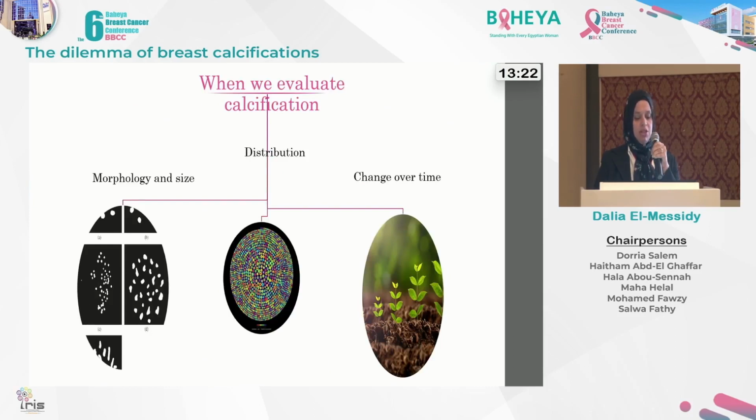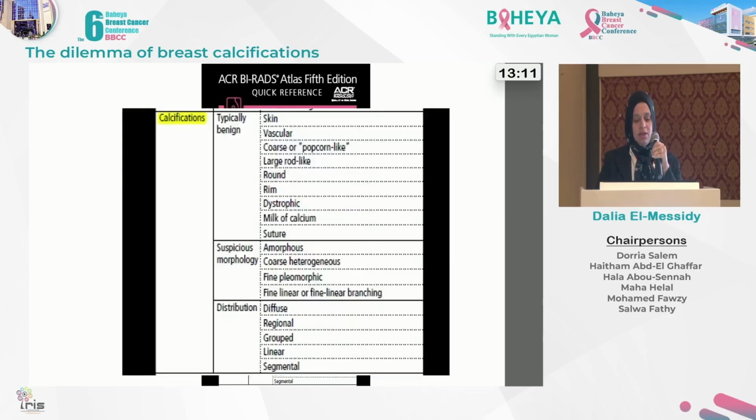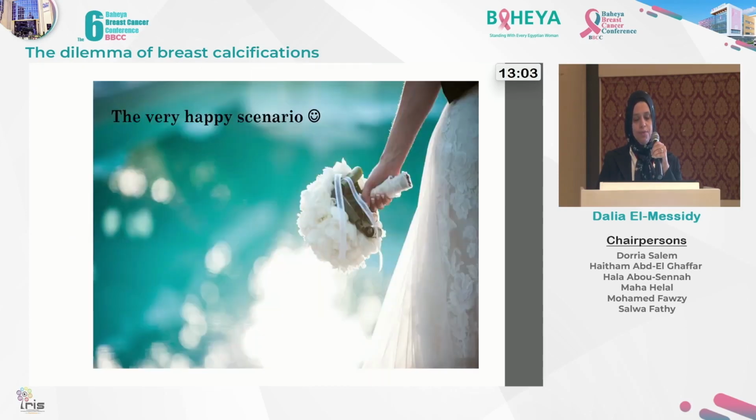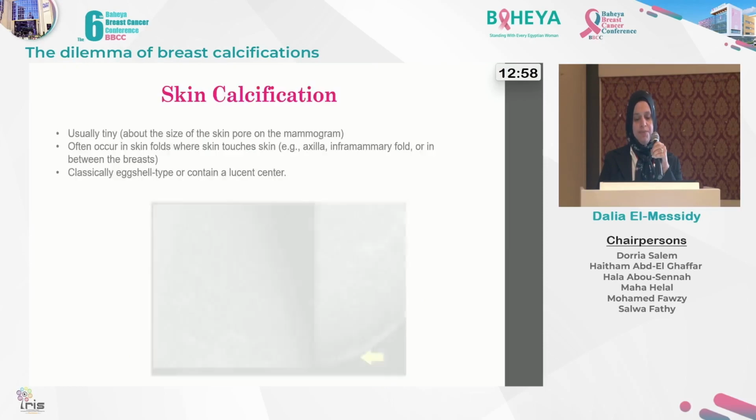Evaluating calcification, we need to check their morphology and size, their distribution, as well as their change over time. Referring to the ACR BI-RADS Atlas, calcifications can be typically benign or of suspicious morphology, and we need to assess their distribution. We'll start with the more common scenario of benign calcification.